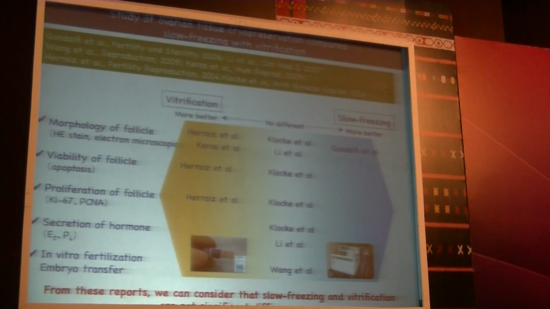I myself don't think we need to determine which method is better because the slow freezing method has already been widely used in the United States and Europe since 1998. We are promoting this technology of ovarian tissue vitrification that anyone can easily use with a handheld device and without resorting to expensive devices in an Asian country.